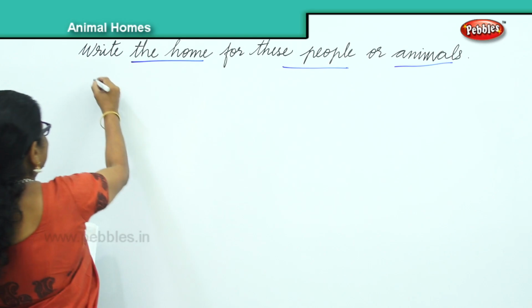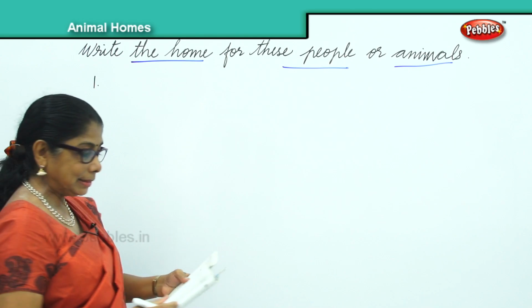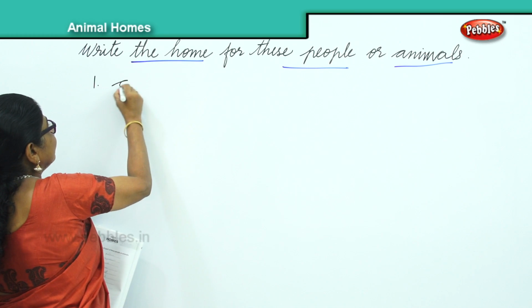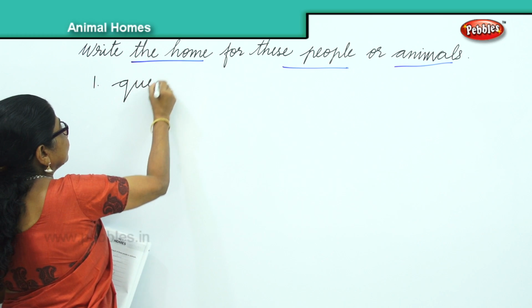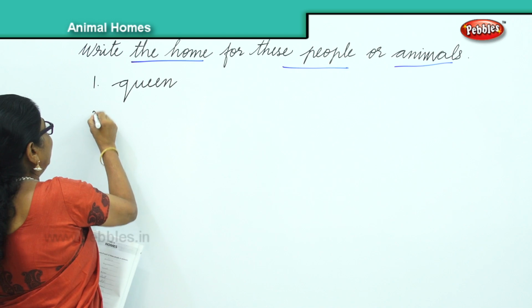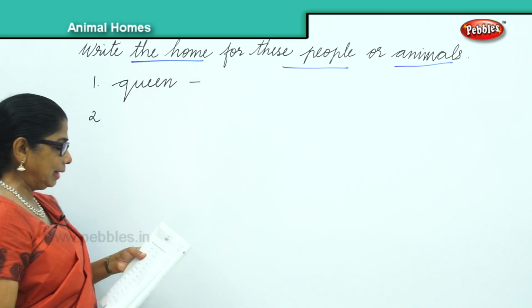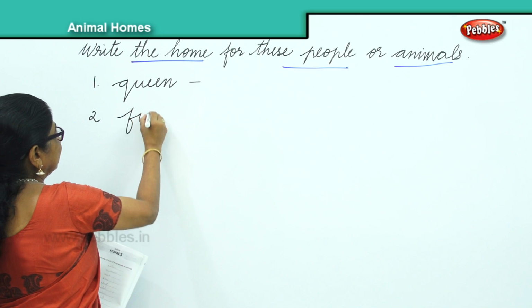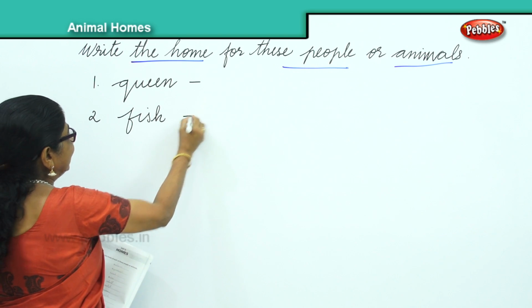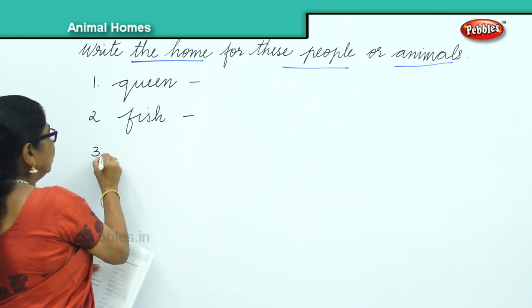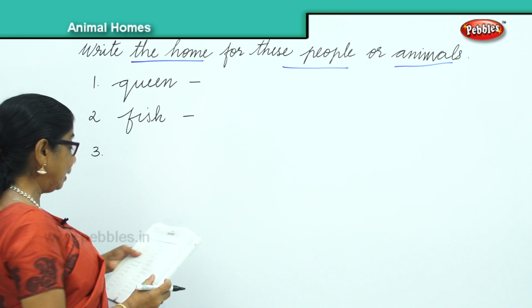Now first one, let's say, when we say queen, where is her home? Then we have fish. If we say fish, where are they living? We must find.